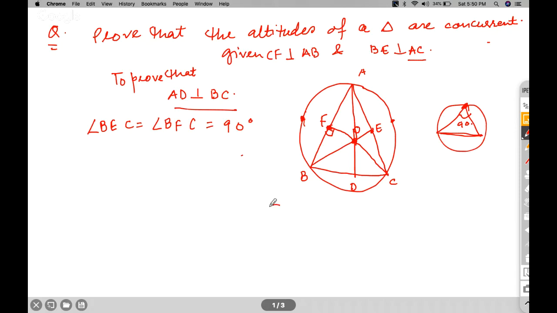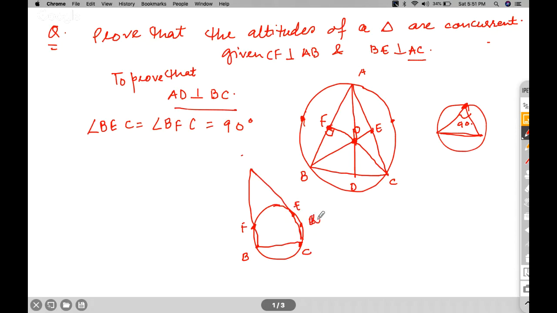So that is why I'll have to make a different line where I'll prove that this is B, C, F, E, and I will draw this, and this would be somewhere here. I will draw something like this.